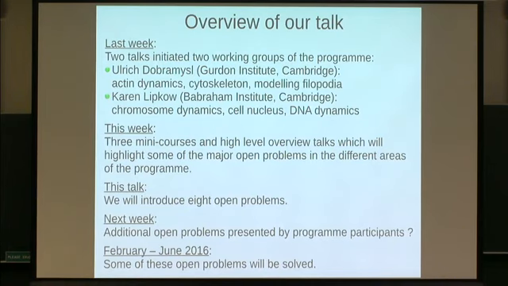Uli talked about actin dynamics, modeling filopodia and cytoskeleton, and Karen talked about systems biology of chromosome dynamics, cell nucleus, and DNA dynamics. So these are one type of open problems based on experimental data, and they both presented some open and unpublished data and results. So we can use mathematics to explain these results.